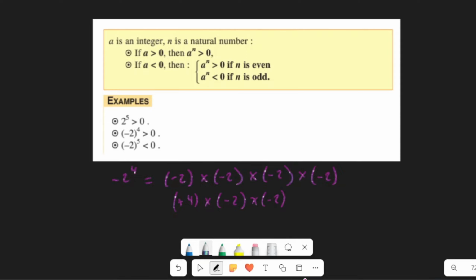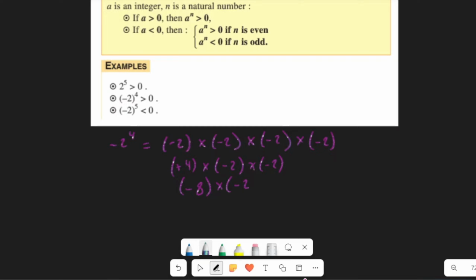Once you multiply that by negative 2, you'll get negative 8. And once you multiply negative 8 by negative 2, you'll get positive 16. So an even exponent gives us a positive number.